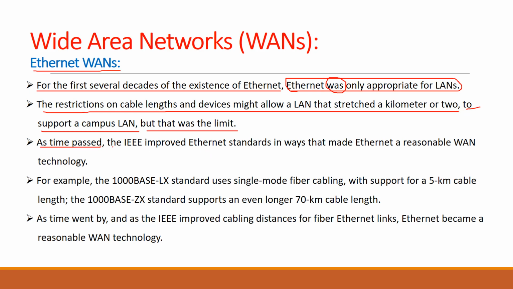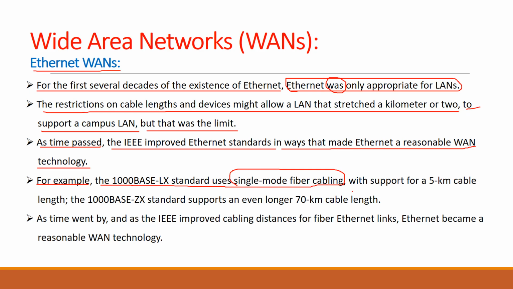As time passed, the IEEE improved Ethernet standards in ways that made Ethernet a reasonable WAN technology. For example, the 1000BASE-LX standard uses single-mode fiber cabling with support for a 5-kilometer cable length, and the other standard, 1000BASE-ZX, supports an even longer 70-kilometer cable length.